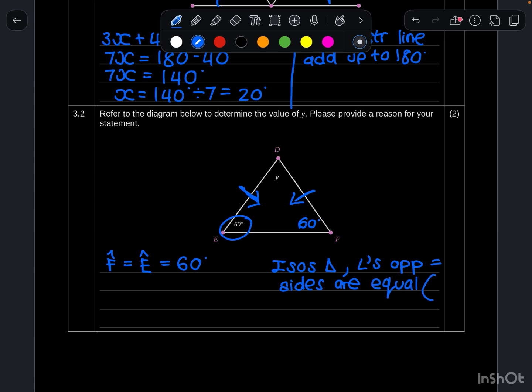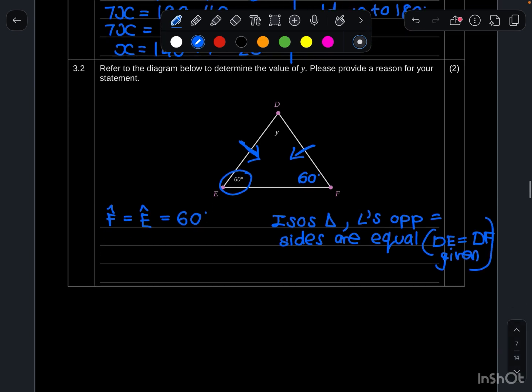And it is given that the line DE is equal to DF. That's given. So now we are sitting with 60, 60, and y.